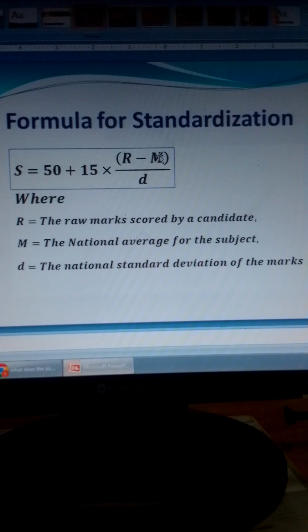M is the national average for that subject, and D is the national standard deviation of the marks in that subject.